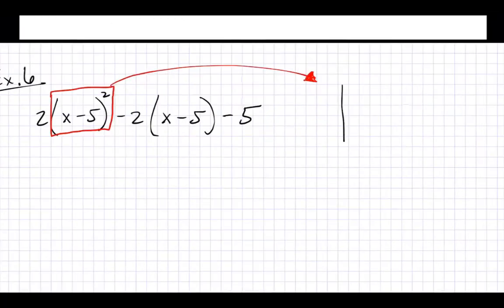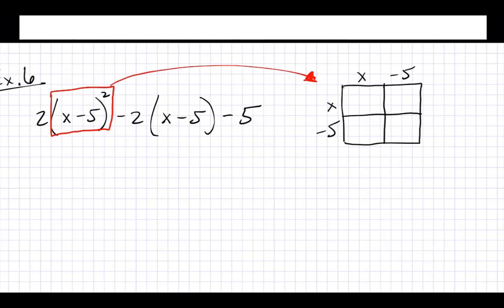So over here, it's x minus 5 times x minus 5. So that's x squared minus 5x minus another 5x plus 25.